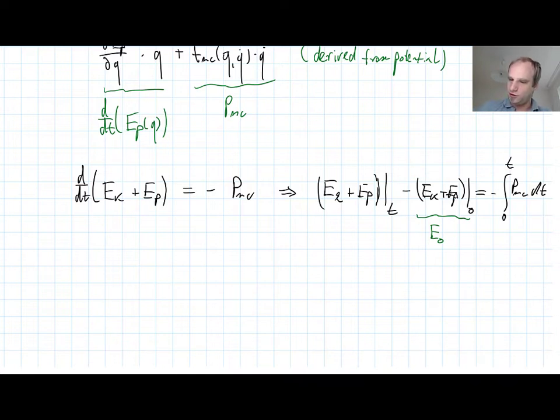So if we have a periodic behavior, and we do this energy balance over one period, then this small t here is the capital T, the period length. Then obviously, because of periodicity, the mechanical energy needs to be the same after one period. So this means this integral has to vanish.